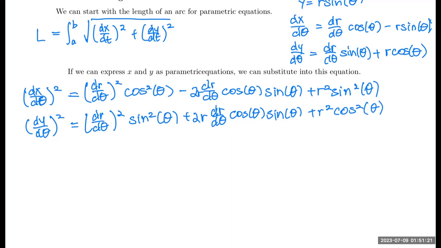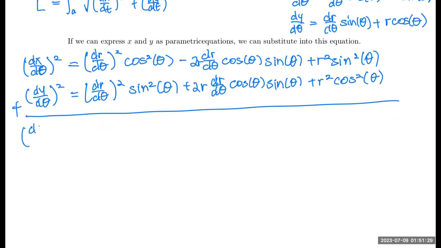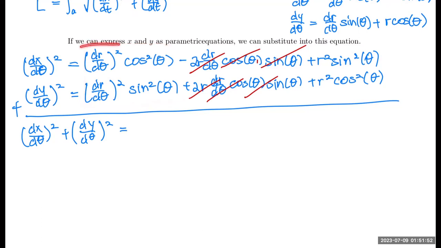Now we could just add the two terms together. So dx divided by d theta squared plus dy divided by d theta squared is equal to, if we add up and down, this will cancel with this, and we're left with the other term. This here is just going to equal dr d theta squared, because cos squared plus sine squared is equal to 1.